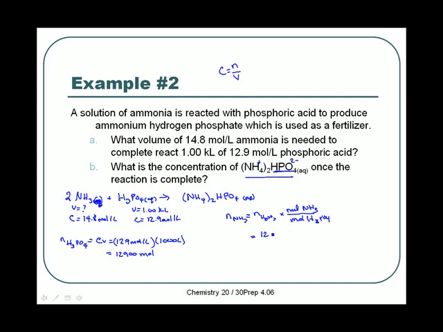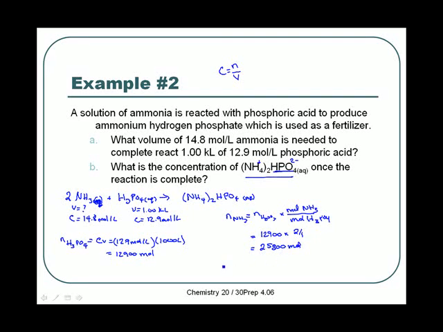And so we get 12,900 times 2 over 1, or we end up doubling it, so it's going to be 25,800 moles. So there's the number of moles.